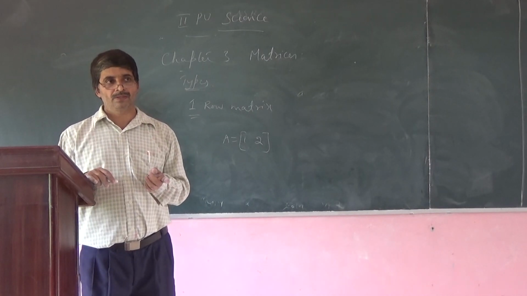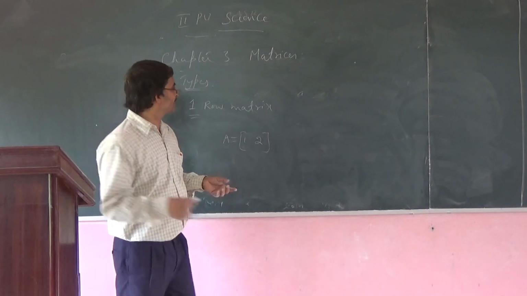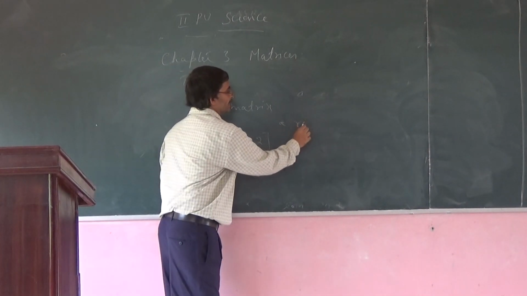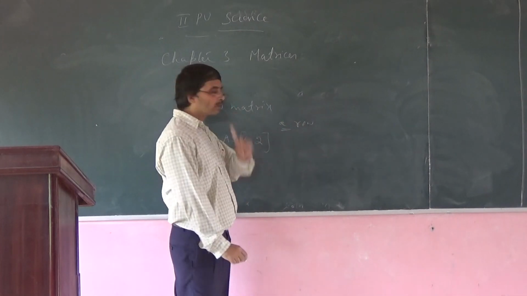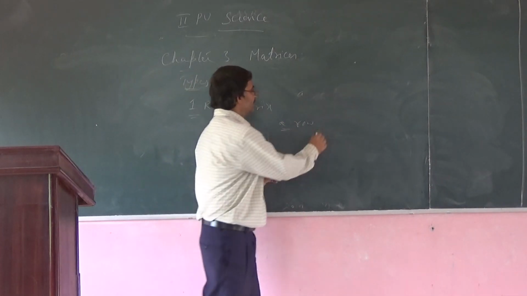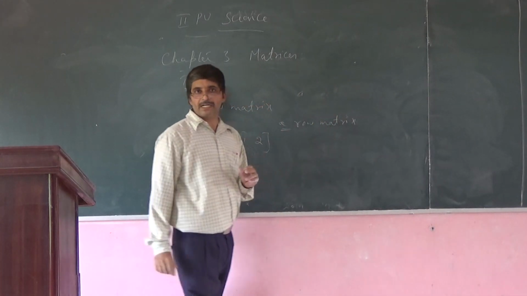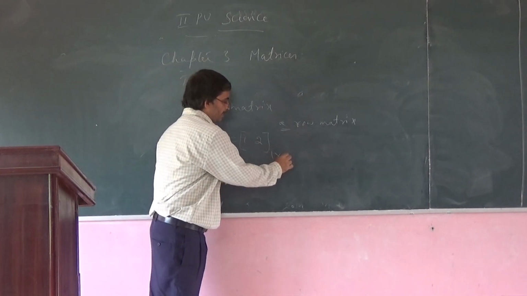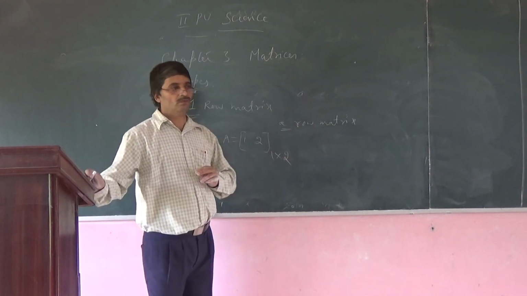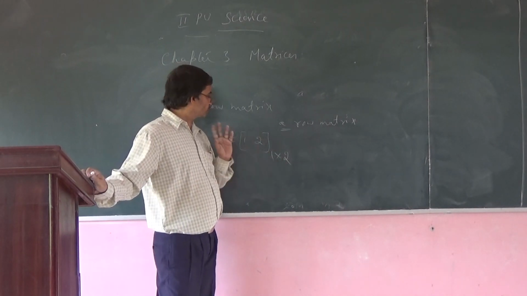So only one row. This is an example of a row matrix. Of course, what is the order here? 1 by 2, or 1 cross 2.